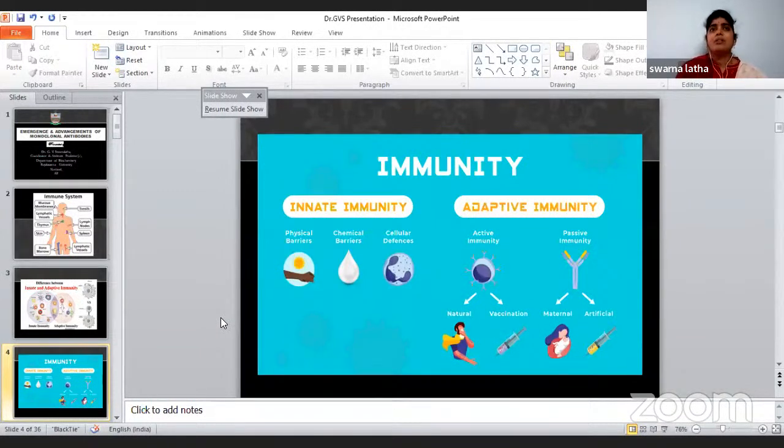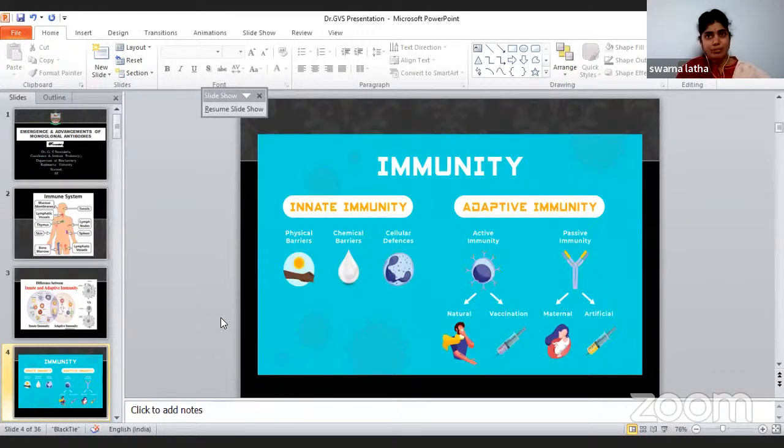During that time, our host system recognizes that foreign particle and shows a response. That response is nothing but the production of antibodies. So naturally, after recognizing a foreign particle, our body produces antibodies.